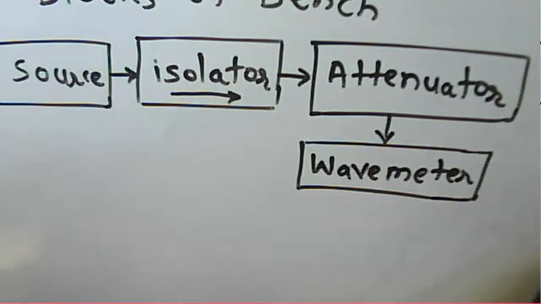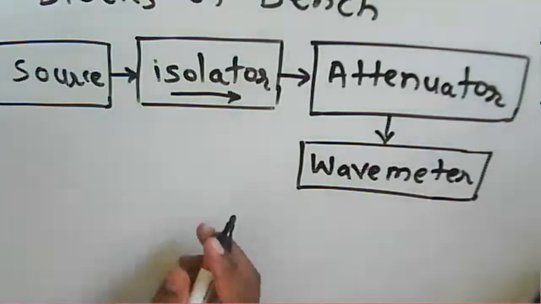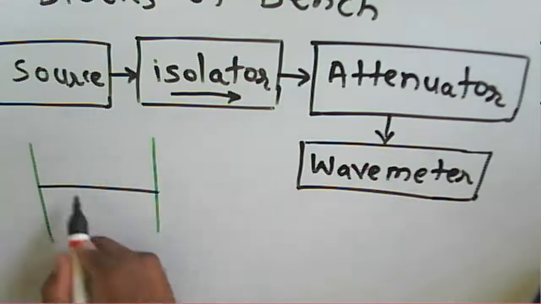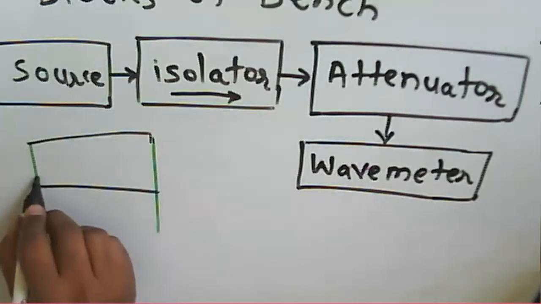Now, how does this wave meter look? Generally a wave meter has a sliding screw.